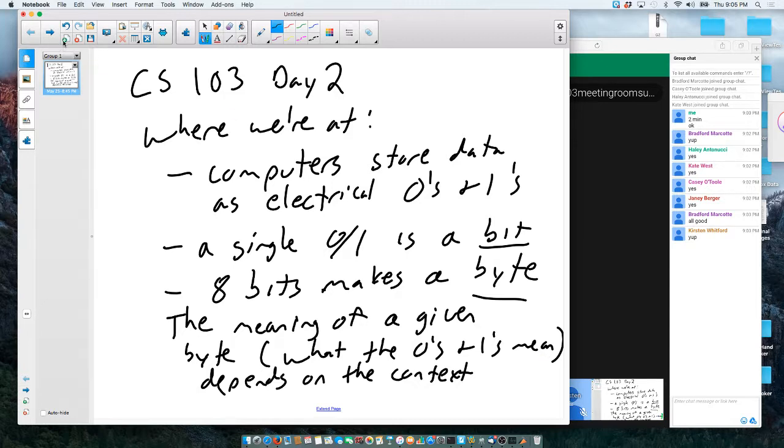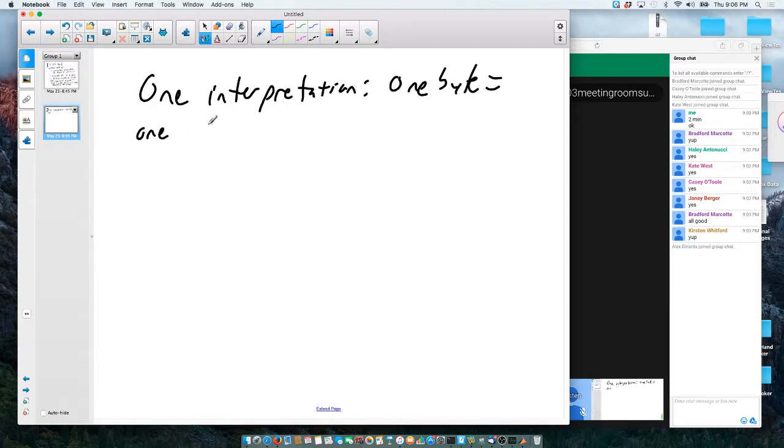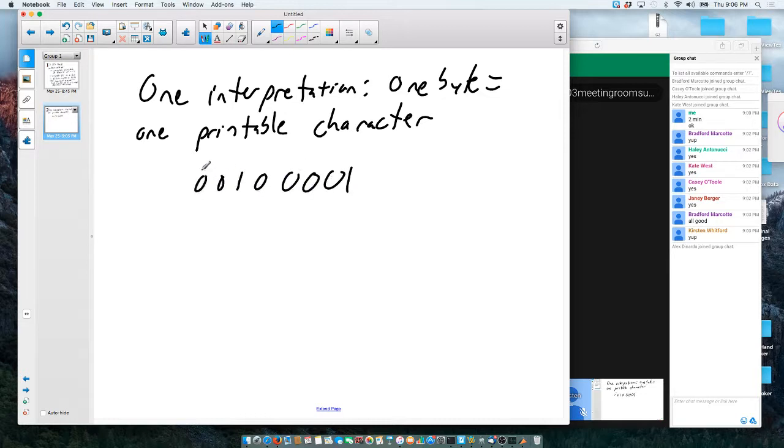Okay, so one interpretation: one byte is equal to one printable character. So one way to interpret 8 bits is as some way of storing letters or numbers or digits or something like that.